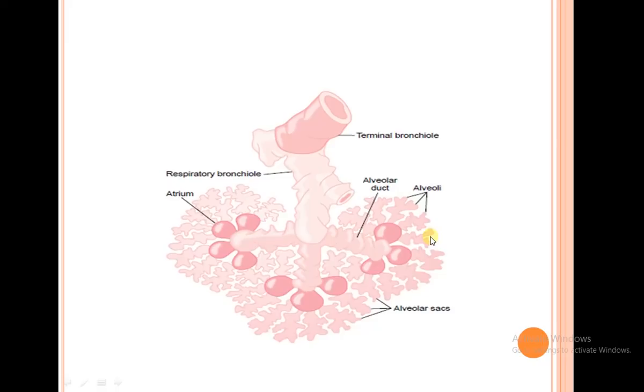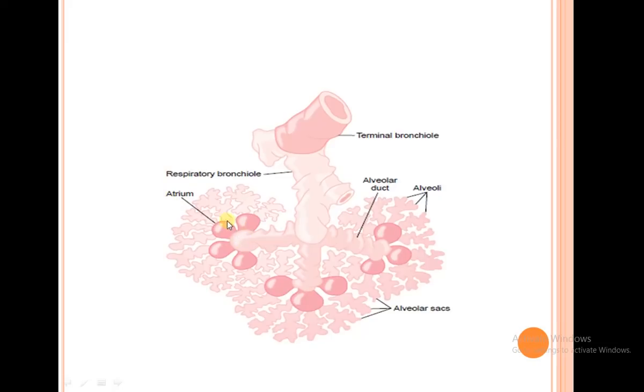So again I am repeating this, that the exchange unit includes those parts of the respiratory tract which are involved in gaseous exchange between the air present in the airways and the blood present in the pulmonary capillaries, and these parts include the respiratory bronchiole, alveolar ducts and alveoli. You can also add atrium in these parts.